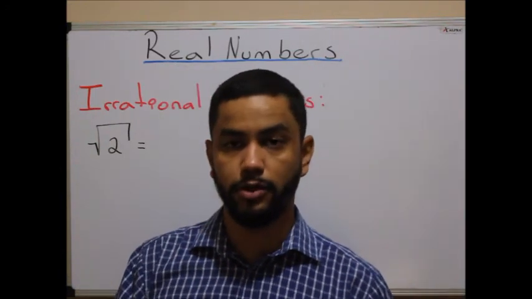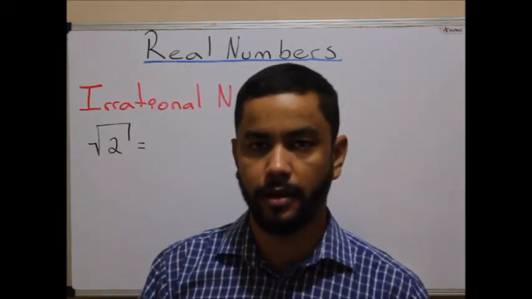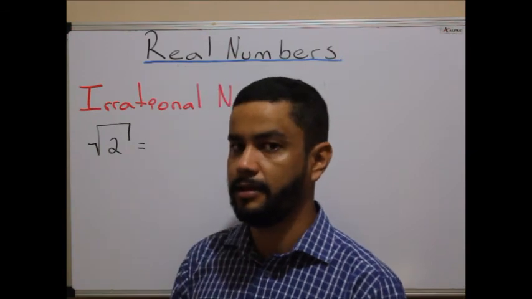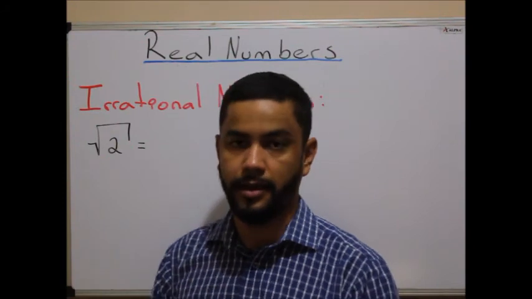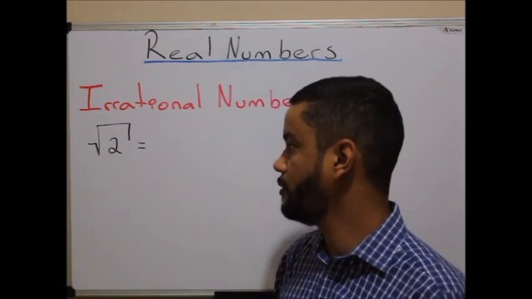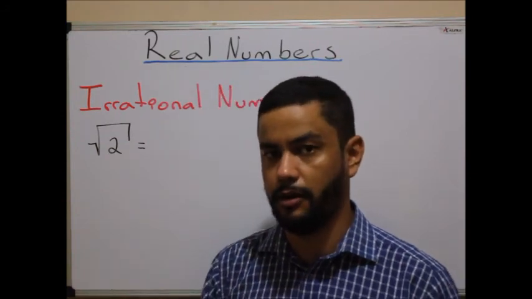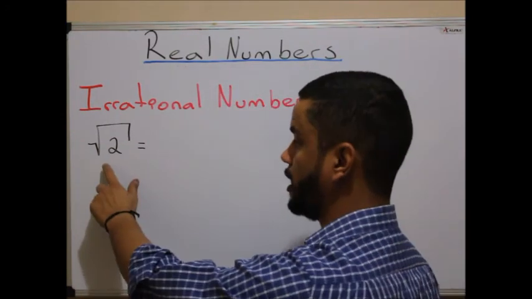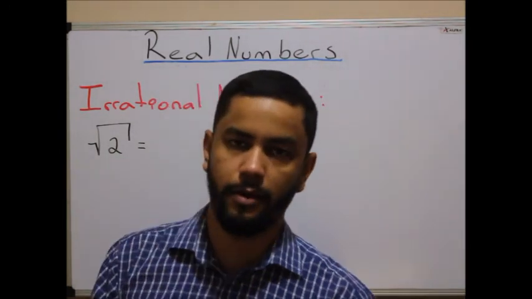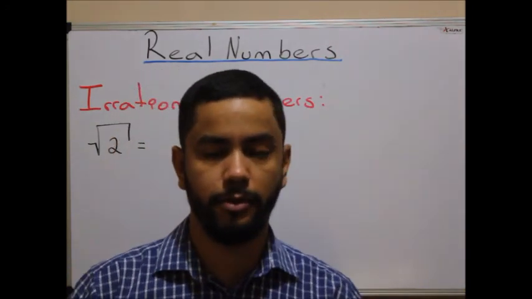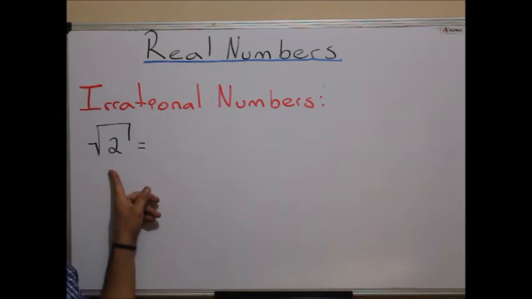But those two numbers must be the same. Do we have any pair of numbers that when we multiply them we get 2? No, right? Can we write the square root of 2 as a fraction? No. In fact, if we use a calculator to find that number, we're going to realize that the decimal digits continue.